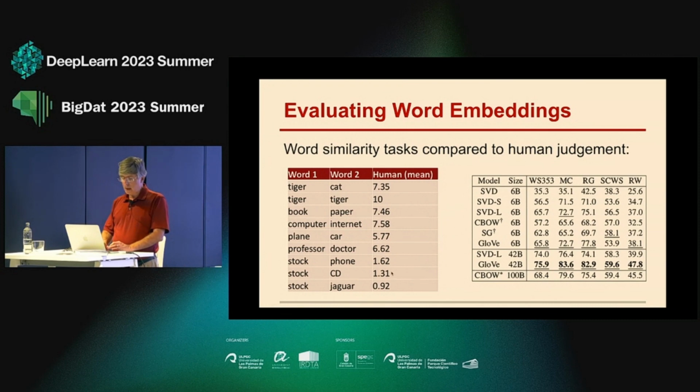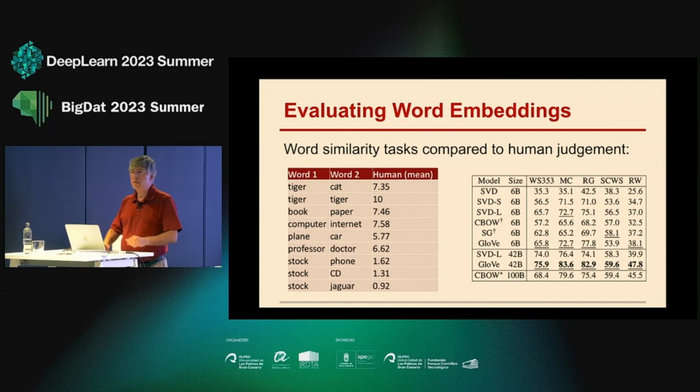One interesting way to judge how good a word embedding is: linguists have asked armies of people to say, on a 0 to 10 scale, how close are certain pairs of words? So if I tell you that tiger is so similar to the word tiger that I give it a 10, how similar is tiger to cat?